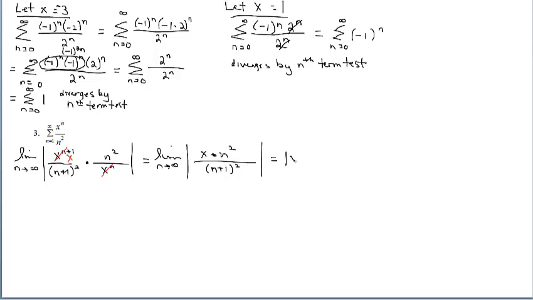This is a limit in terms of n, so let's pull out the absolute value of x. Okay, and then to evaluate this limit right here, you could expand the denominator if you wanted to, but just think about what your highest term is going to be anyway. It's going to be n squared plus 2n plus 1, but your leading term will be n squared.